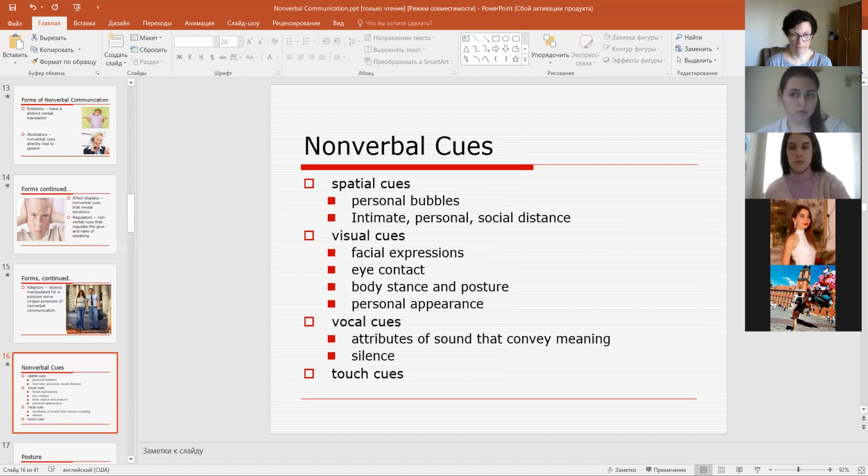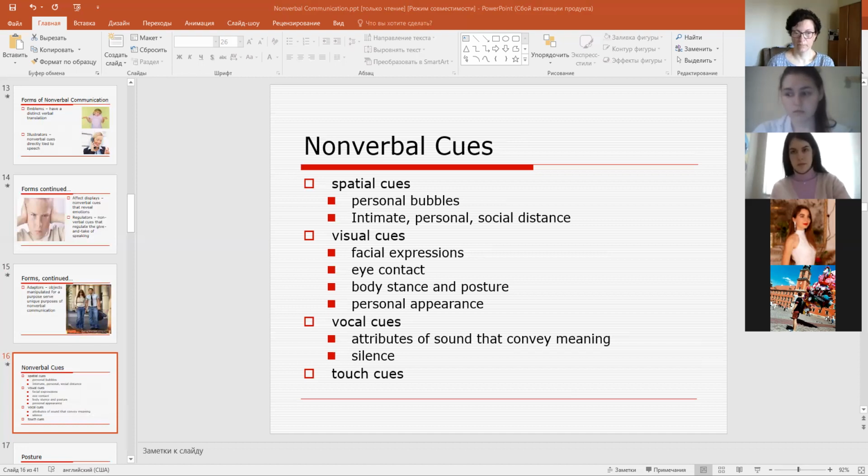Okay, so once again, nonverbal cues can be divided into 4 categories. The first one is spatial cues. Spatial, of course, space. Spatial cues are like personal bubbles and intimate, personal, social distance. So this one is about personal space.